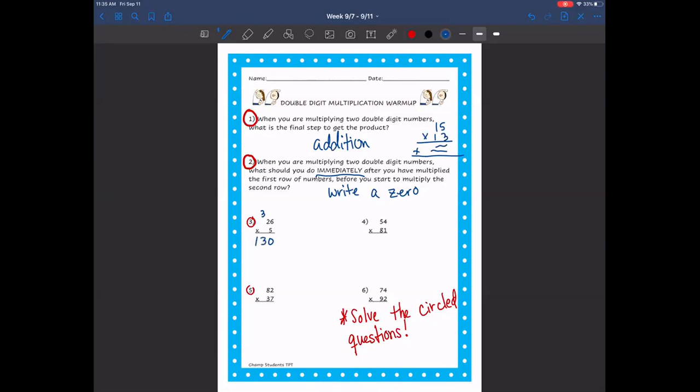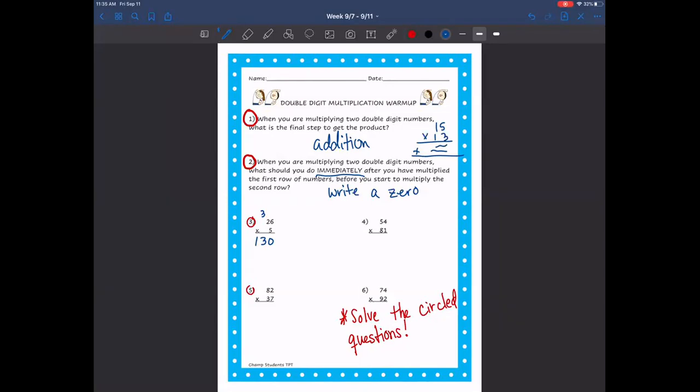So 130 is the first one. Did everyone get 130? Yes. Everyone other than my 2 that are answering? Guys, can you give me a thumbs up? Okay, perfect. So I do hear from others. Okay, awesome.